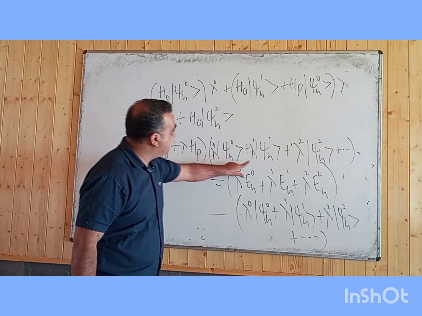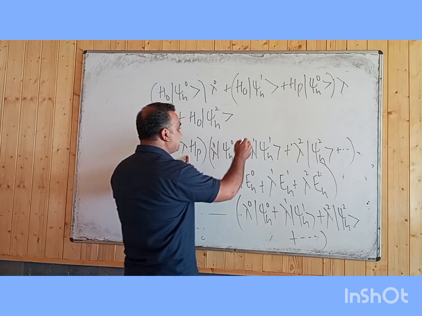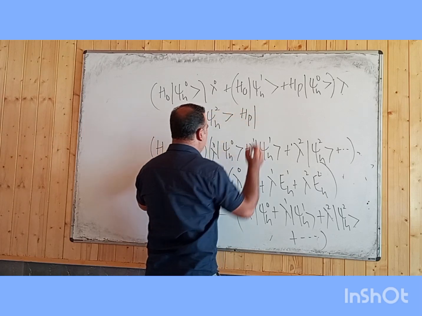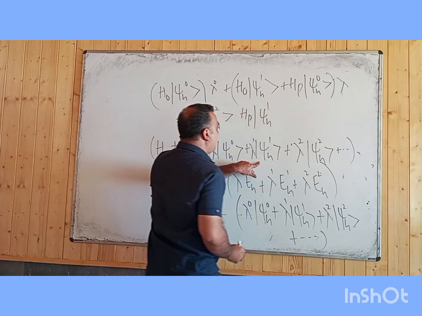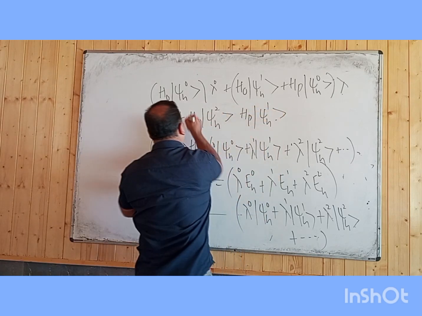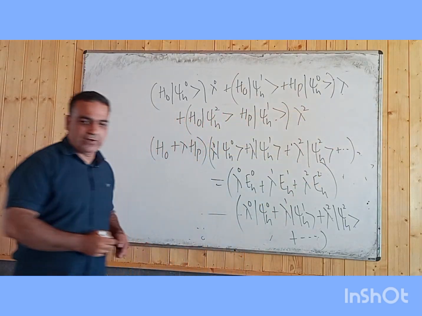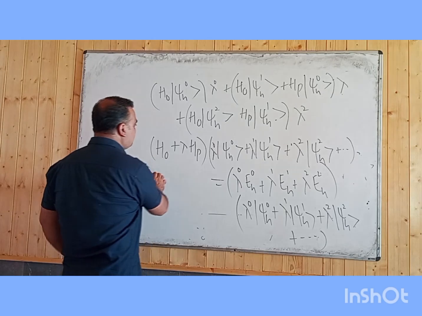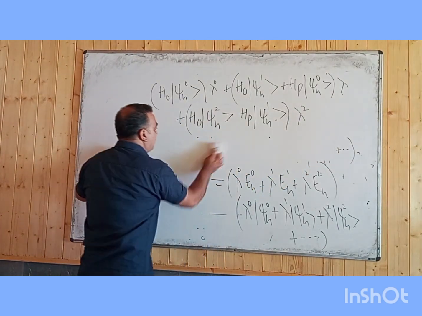And this will give you lambda square: H p, then psi n 1. Then close and bracket it. And this is giving me lambda square. Am I right? Yes, sir. Alright. So I think I can rub this line.